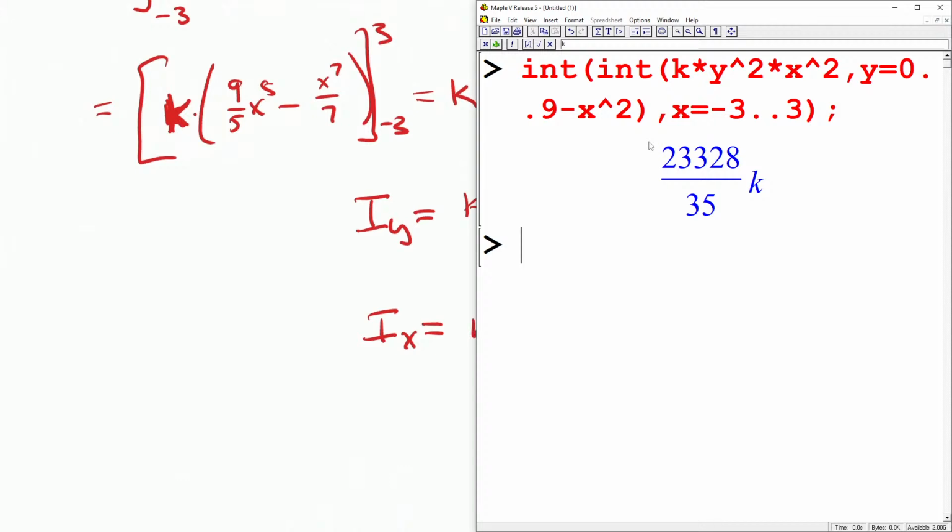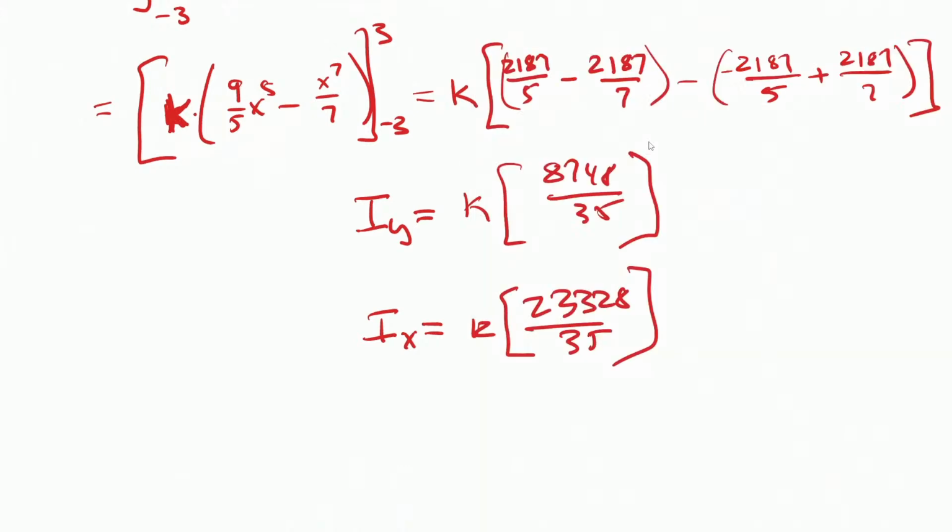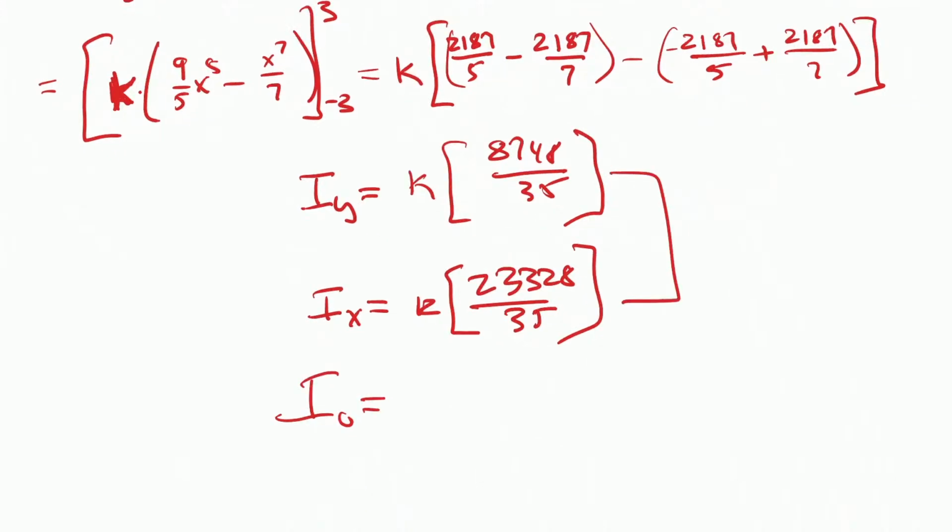This is k times 23,328 over 35. Okay, so I was just too lazy to have to do all that. So then the moment about the origin is going to be the sum of those. So if we add those together, you'll get the moment about the origin.